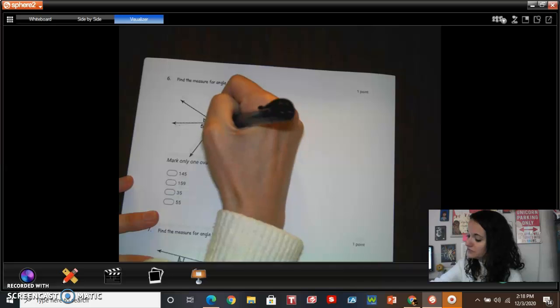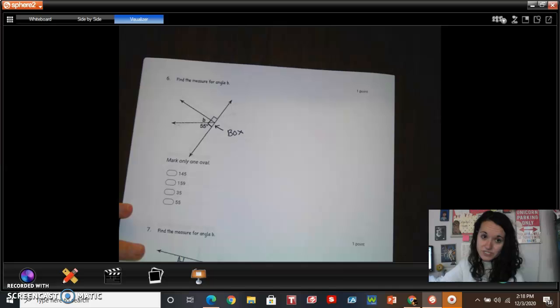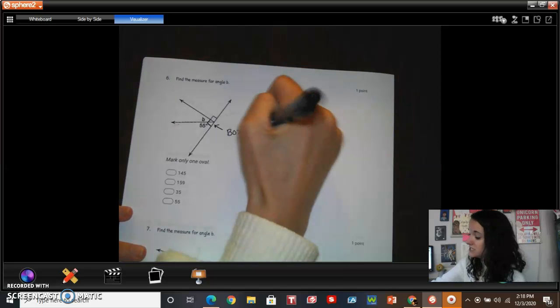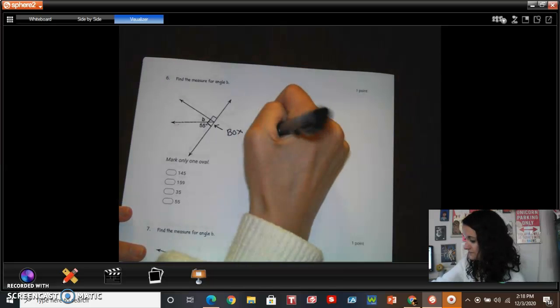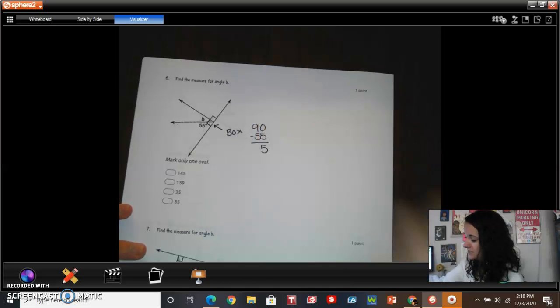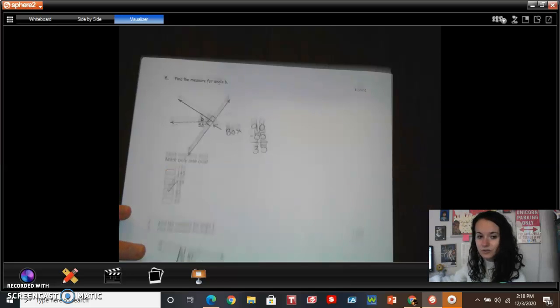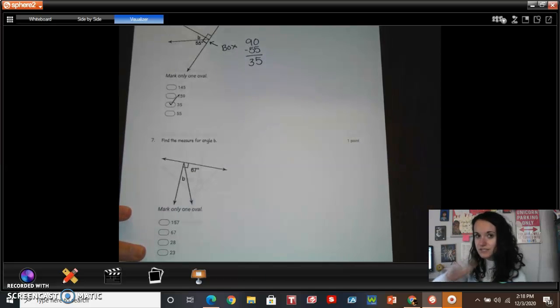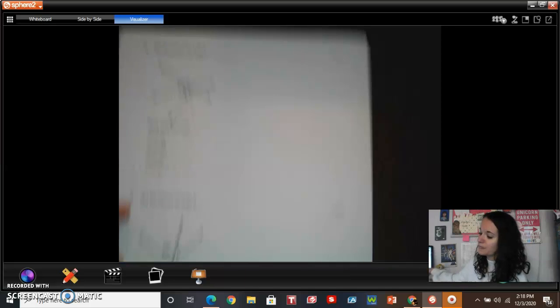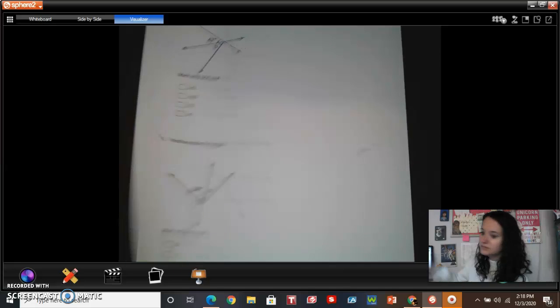But the key thing here is that we're dealing with angle B and 55, which again are creating a box. So we're dealing with 90 again. So we're going to do 90 minus 55, which means we're going to have 35. Oh, look, another box. I think you can handle that. Oh, look, another box.